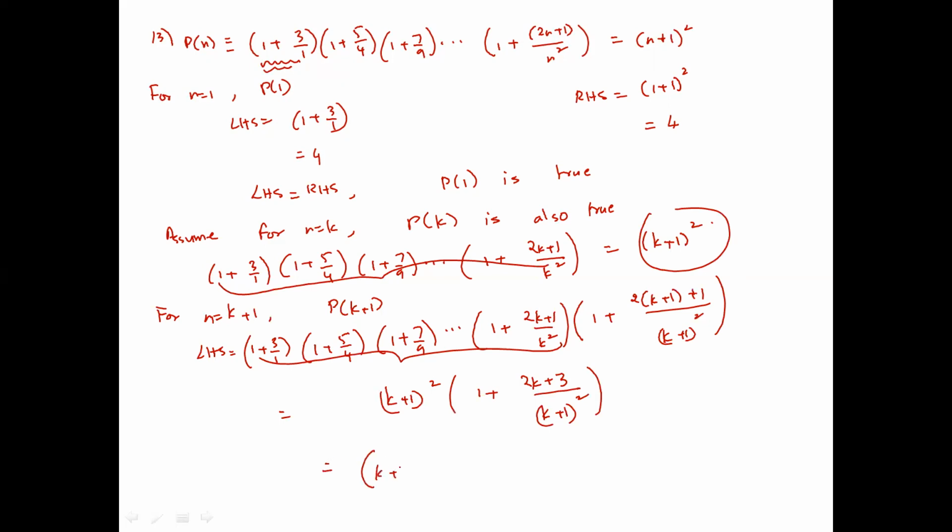Or k plus 1 whole square into denominator common is k plus 1 whole square. In the numerator, you will have k plus 1 whole square plus 2k plus 3, which you have to simplify further.